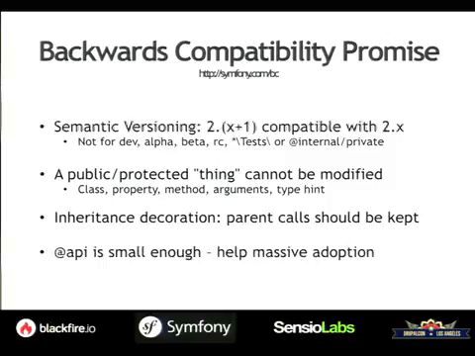And anything public or protected, be it a class, a property, a method, arguments, or type hints, cannot be modified in any way. For any given set of input, we must have the same output. And that's the biggest problem we are facing.